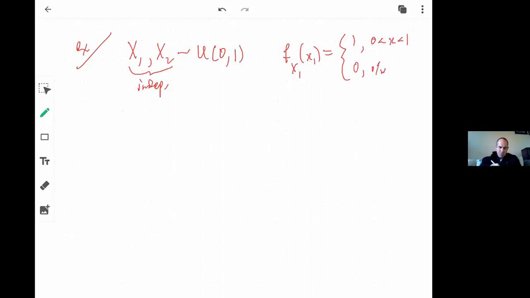And the same is true for f sub x2 of x2. So this is just going to be 1 if x2 is between 0 and 1, and 0 otherwise. Okay. So what's the joint density?